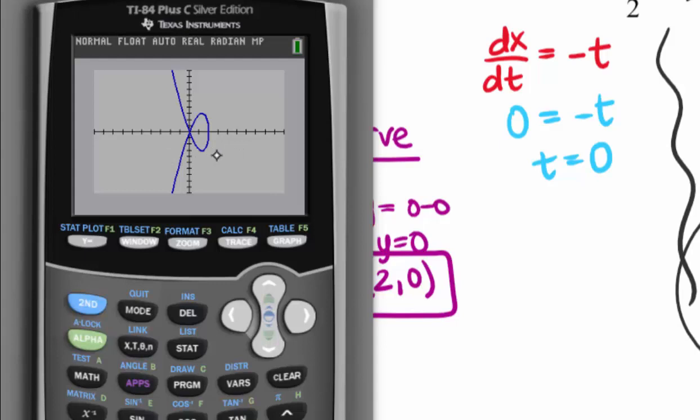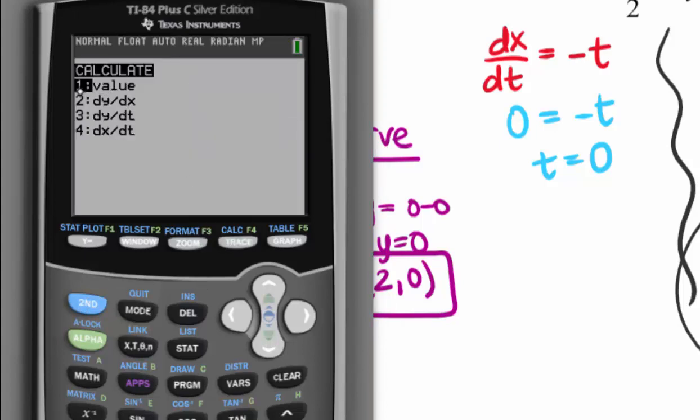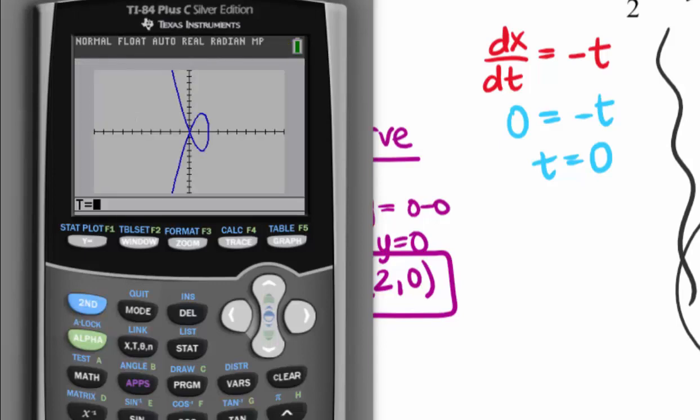So what I'm going to actually show you is how to, now that we already have the algebra on our side, I'm going to go to second calculate, and I can calculate a value. Notice this calculate menu is going to get smaller and smaller as we go through the different modes that we have on our calculator, but calculate a value, and it allows me to type in the t value.